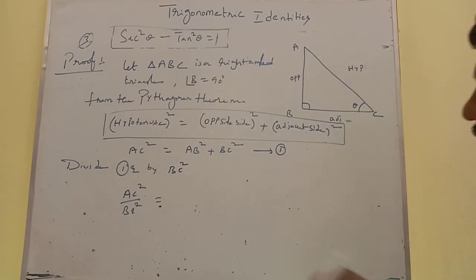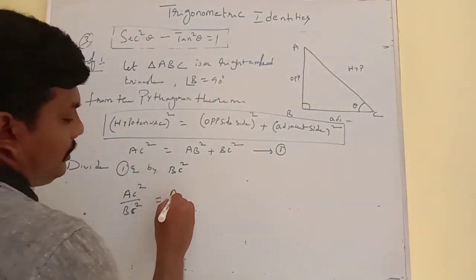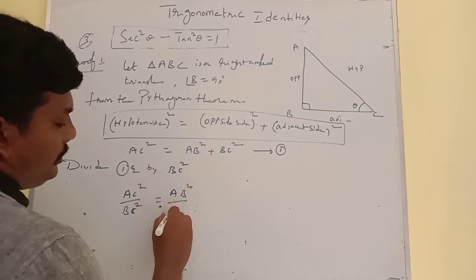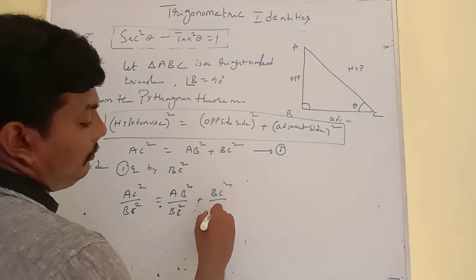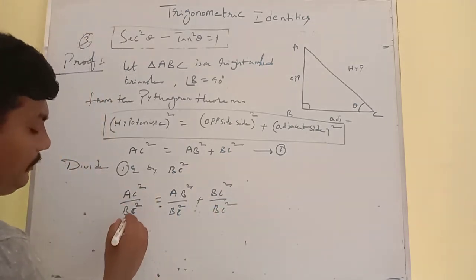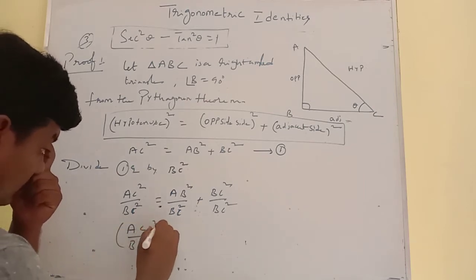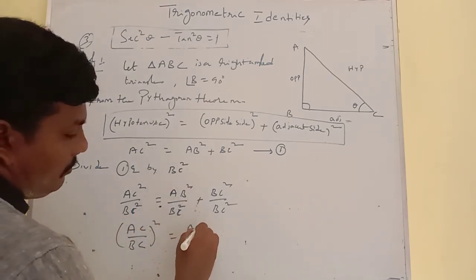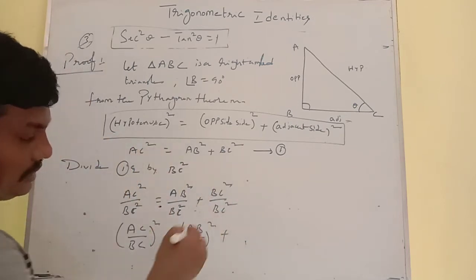Now AC square by BC square is equal to AB square by BC square plus BC square by BC square. AC square by BC square can be written as AC by BC whole square, so this is AB by BC whole square plus, what about BC square by BC square?